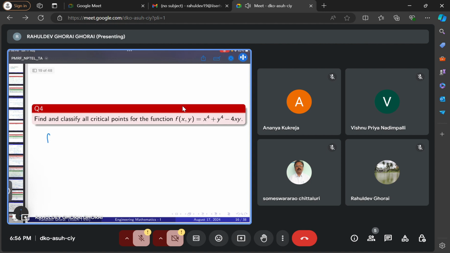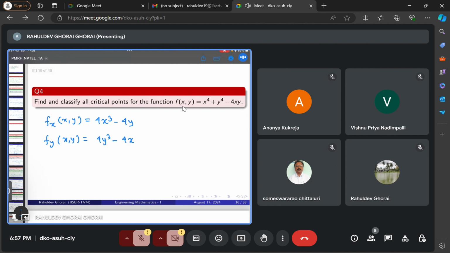So f_x at (x, y) will be 4x cube minus 4y, right? We take the derivative, then it will be y. And f_y at (x, y) will be 4y cube minus 4x. Okay.